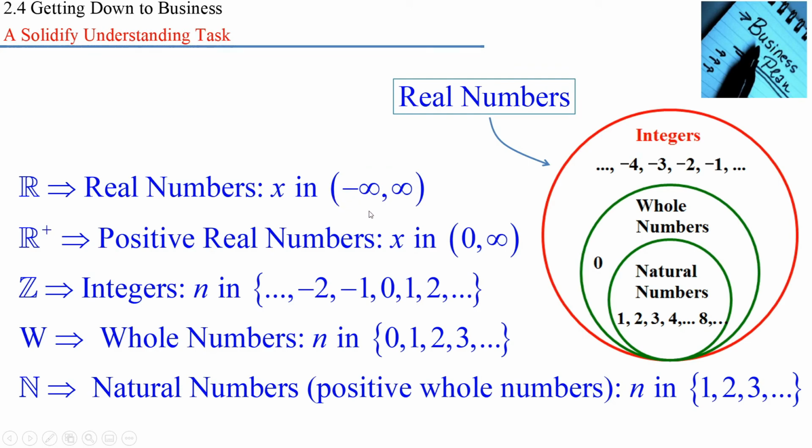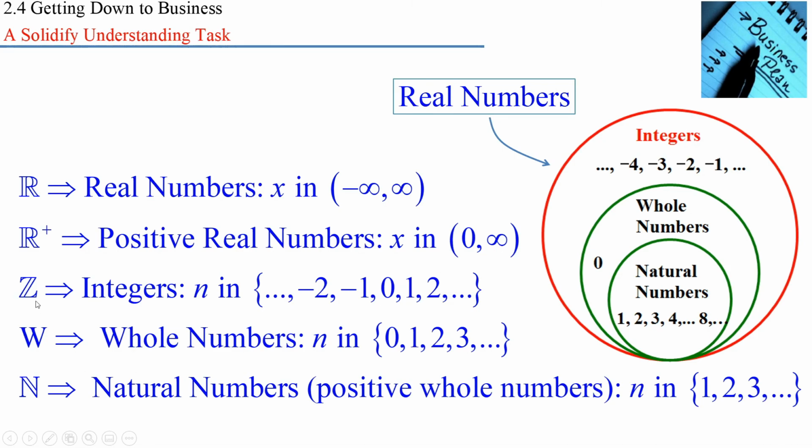Any number is a real number. Now, that double bar R with a plus, that's the positive real numbers. So that is x is in the interval from 0 to infinity, but because of this parenthesis right here, x cannot equal 0. 0 is not positive, and I have a parenthesis on this side because we can never reach infinity.